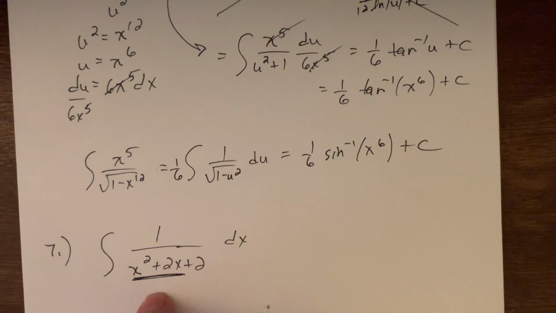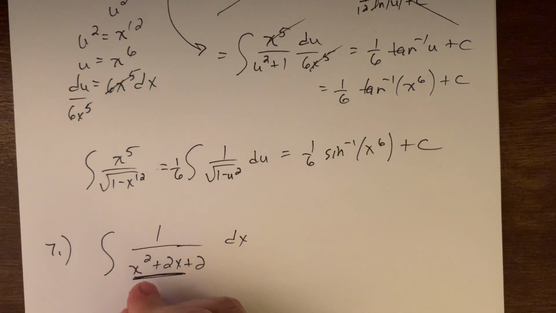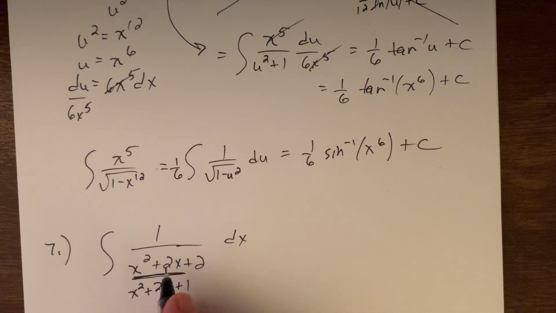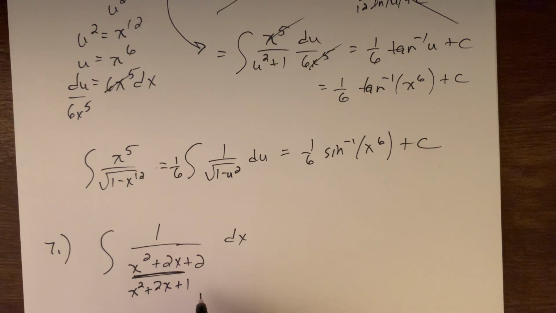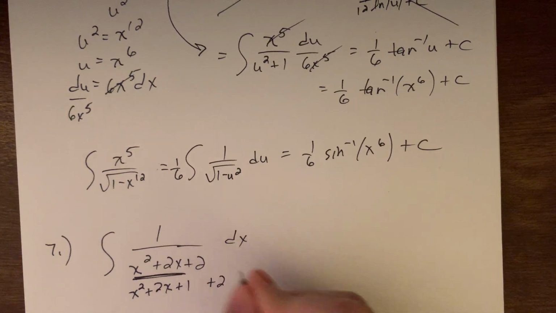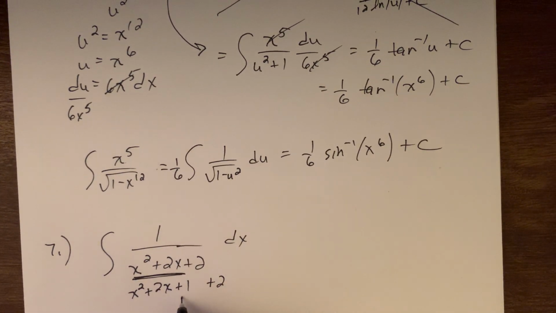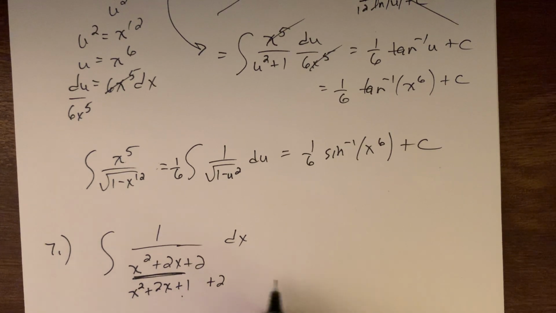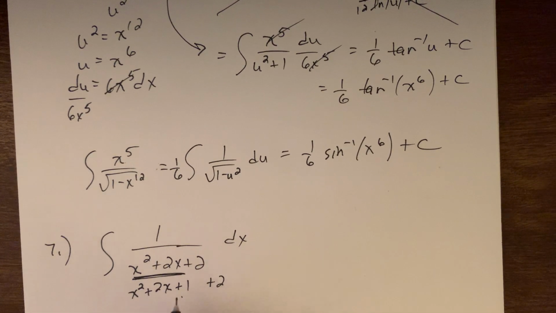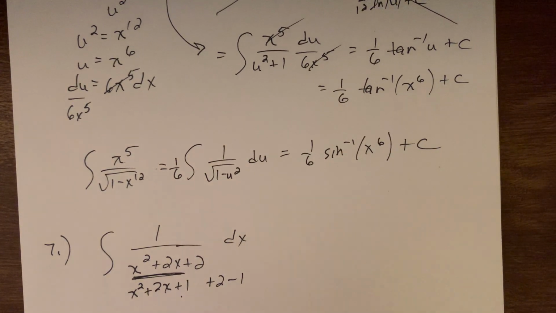If you complete the square here, you go x squared plus 2x plus 1. Already have a leading 1. Cut this in half, square it. That's the missing magic number. But we can't ignore that the plus 2 is here, and this plus 1 can't come from nowhere. We don't have another side of the equation to say, I add 1 on the left, add 1 on the right, so I have to balance that with a minus 1.